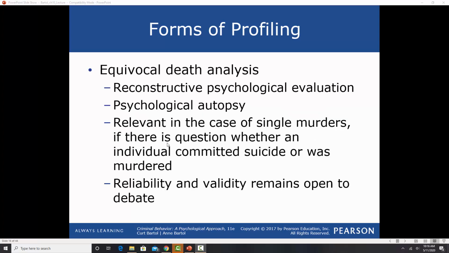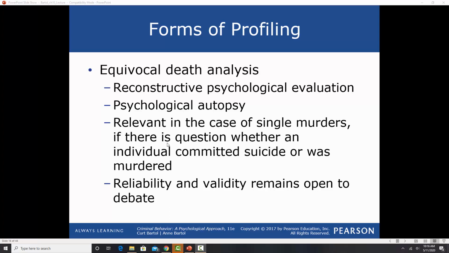All right, equivocal death analysis. This is also called a reconstructive psychological evaluation, and it's done after somebody has already passed away. It's reconstructing the emotional life, behavioral patterns, cognitive features of the deceased. So that's why it's called a psychological autopsy. It's usually done to determine the cause of death when the cause of death is ambiguous.